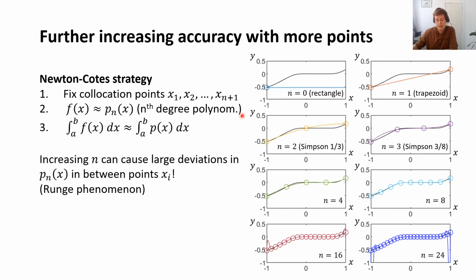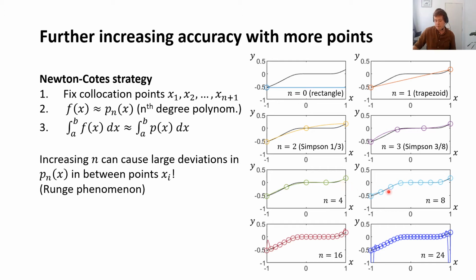However, when we keep on increasing the degree of such a polynomial, starting from n is 0 until, let's say, n is 4, the accuracy of the approximation gets better and better.